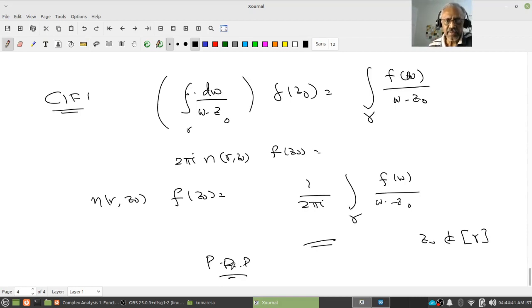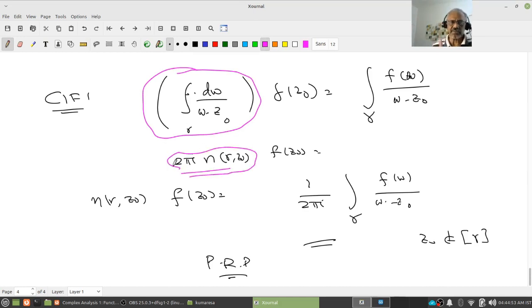I simply took this unknown integral, this object, and decided to say this is 2 pi i times n gamma. This is just a notation. Instead of this being an integral I have to evaluate, I pretend it is some complex number n gamma z0 times 2 pi i. That's it.